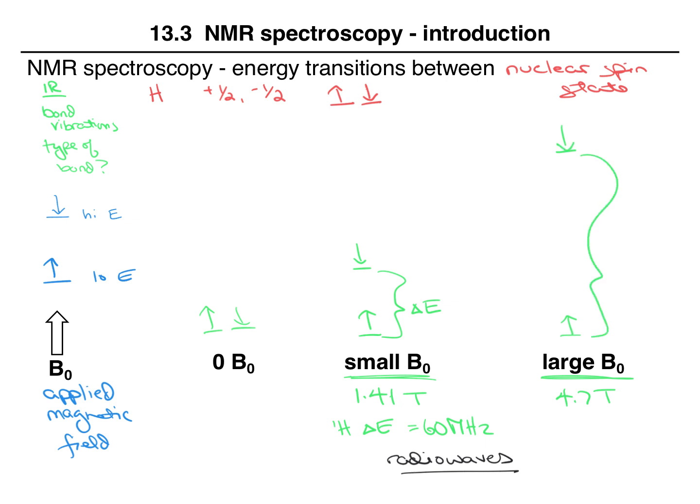And now we have a much bigger delta E. So here, for a hydrogen nucleus, the delta E, for example, is 200 megahertz. So a higher applied magnetic field requires a higher energy to be applied, but it can also give a lot more information.